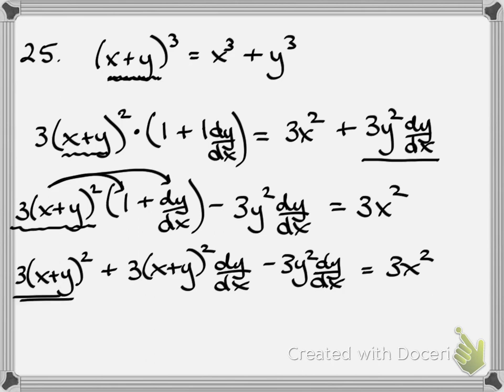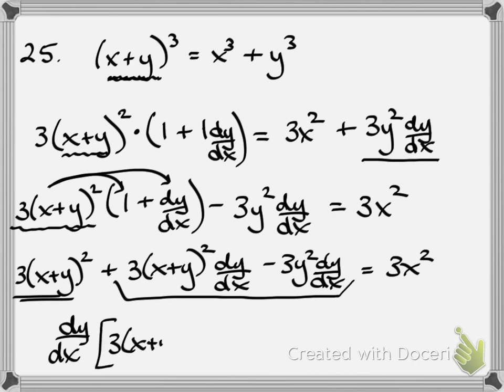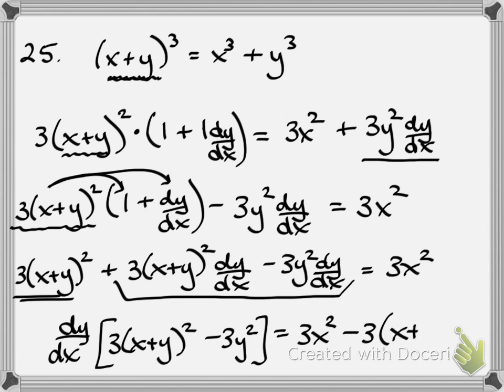Now we can go ahead and take this to the other side. And as I do that, I'm going to go ahead and factor dy/dx out of this term. And then the last thing to do would be to divide both sides by this quantity.